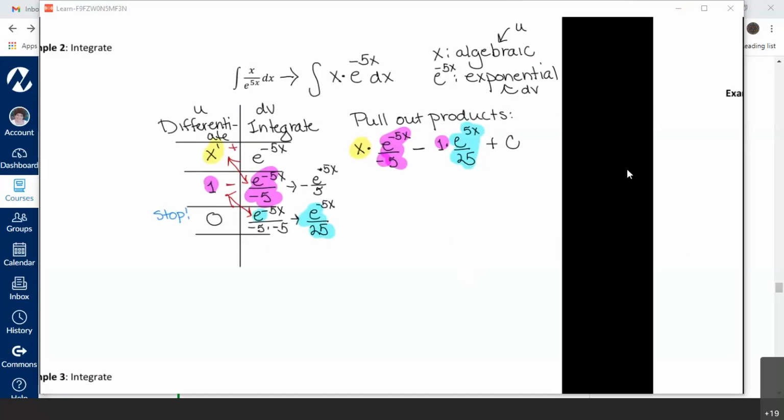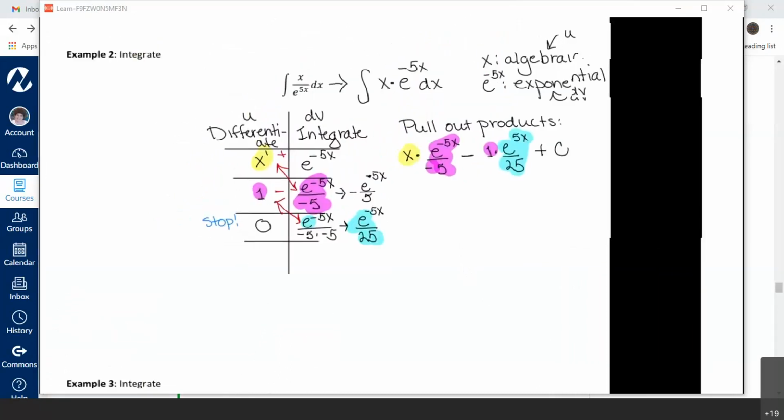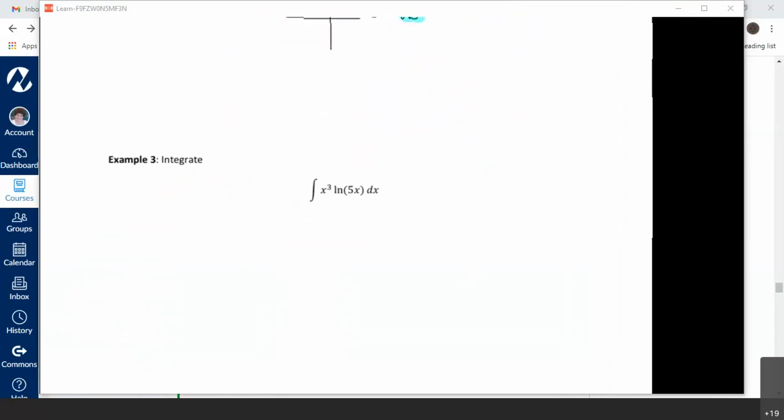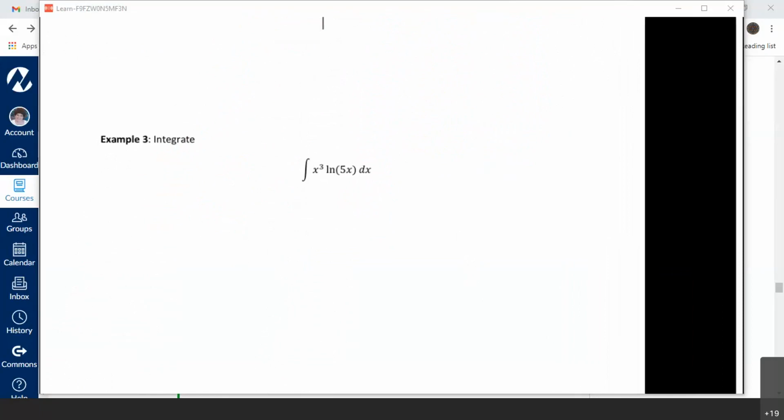Now let's take a look at this one. What two types of functions are multiplied in example 3?